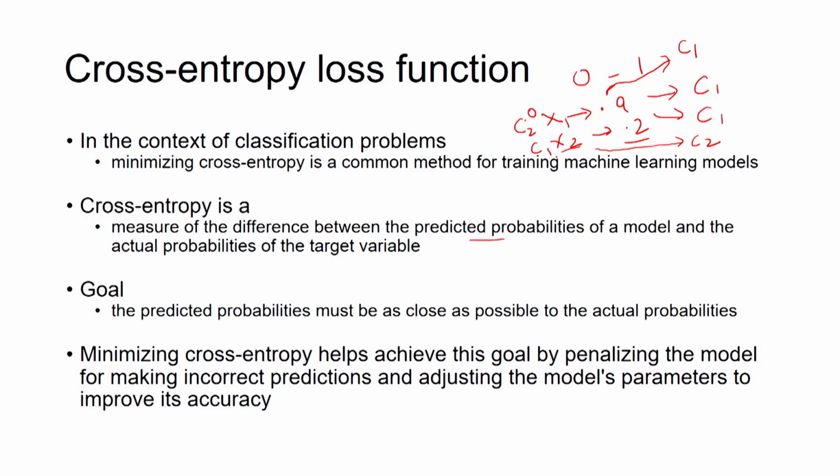Here the actual probability of belonging to class C1 is 1, while it is saying only 0.2 probability of belonging to class C1. So, these are the differences.